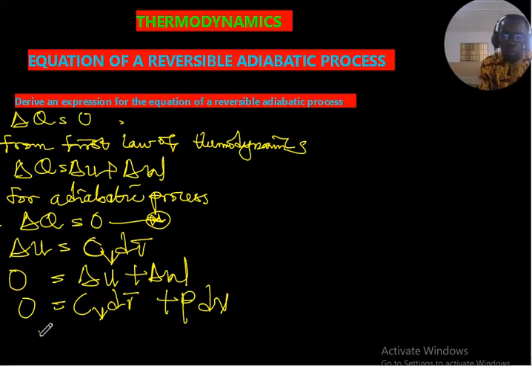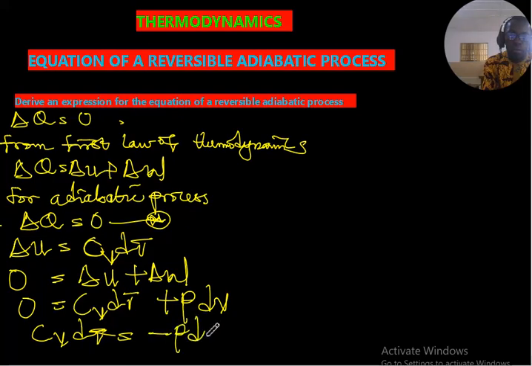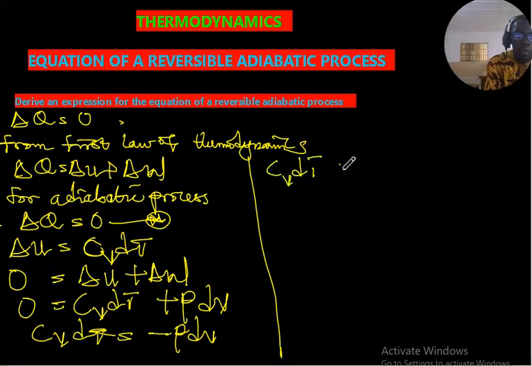So let's make dT the subject of the formula here. That is, bring P dV to the other side. We have Cv dT equals minus P dV.